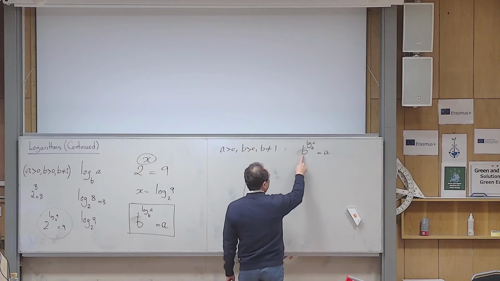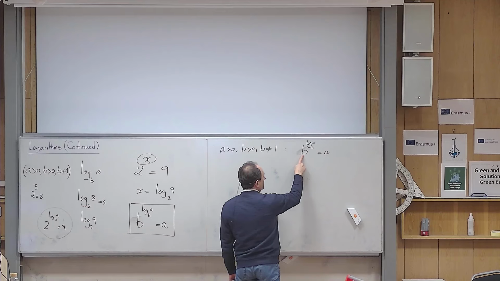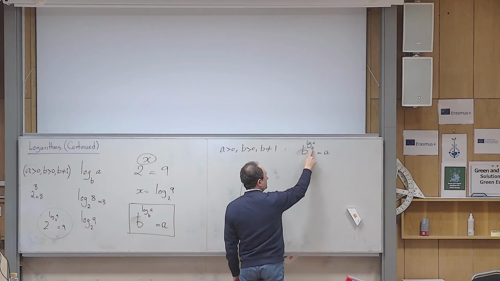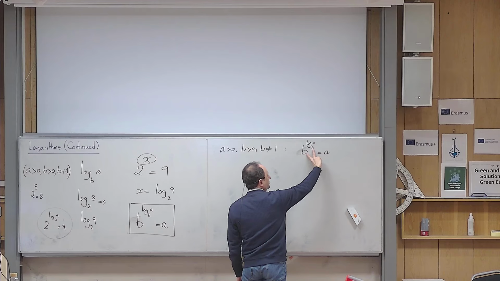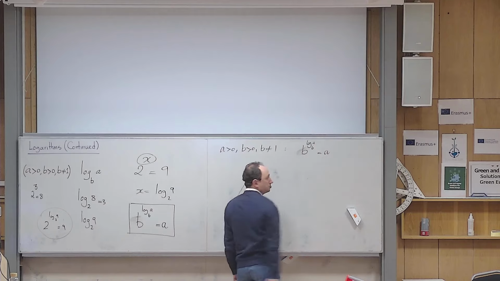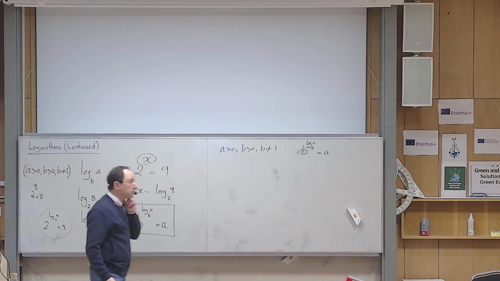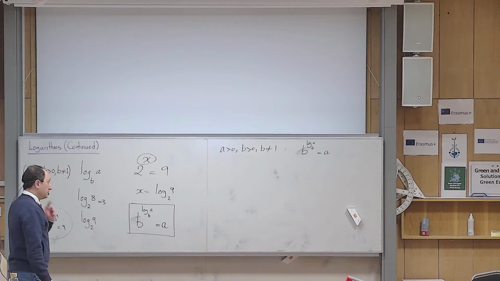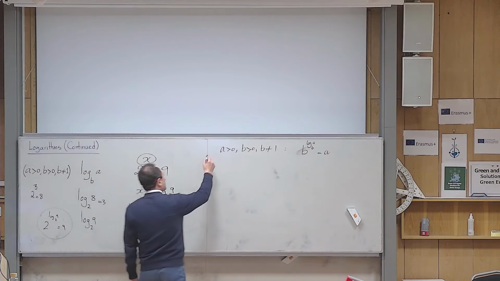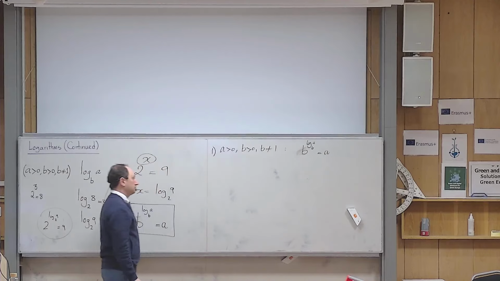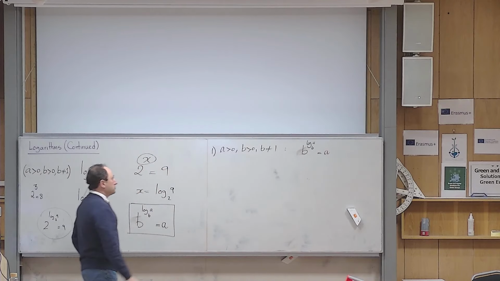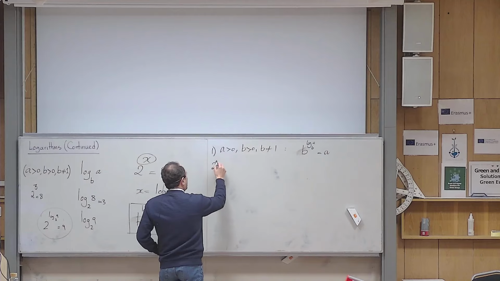So if you see b in the base of the power and in the base of the logarithm, these two numbers are the same, it doesn't matter. You just eliminate everything and simply answer a. Okay, so that is by definition. So let me call this one number 1. There are very simple things, so let me write here number 2.